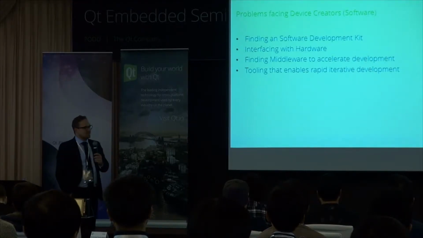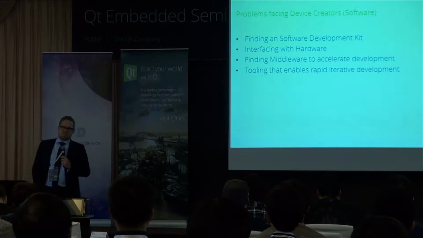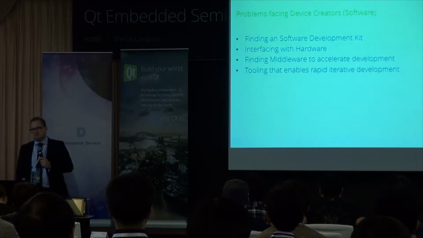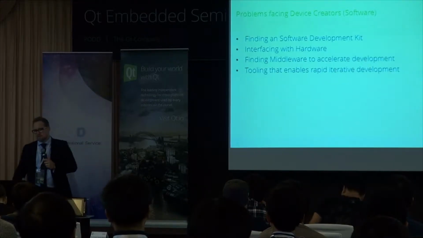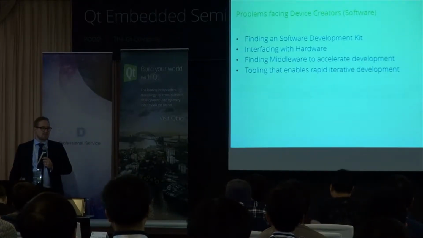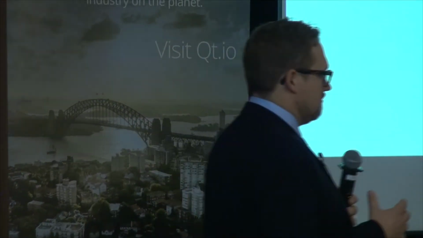And then you have to interface with the hardware, with the extensions and things like cameras and GPUs and other features of your embedded device. You need to utilize and make something useful out of all of those fancy extensions that you have available there. And then a very important thing is finding good middleware like Qt to accelerate your actual software development cycle.